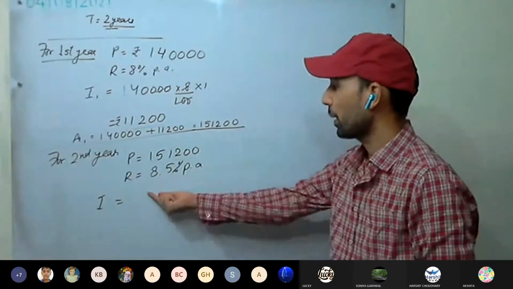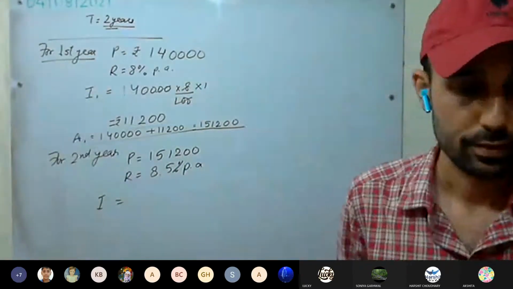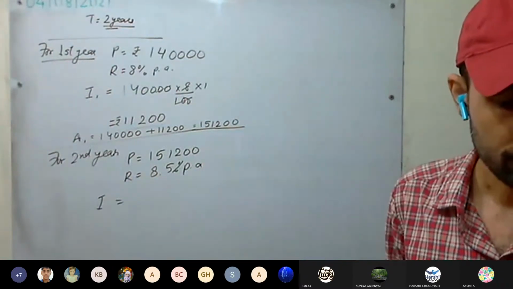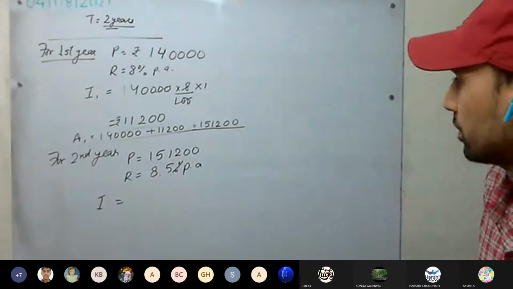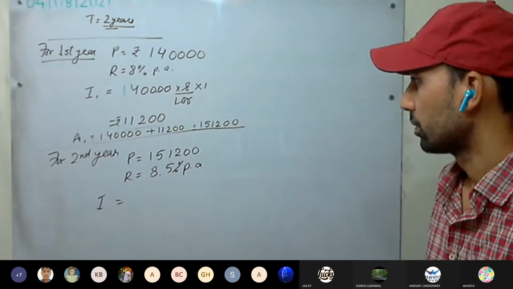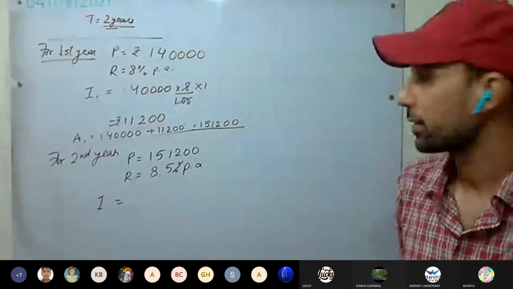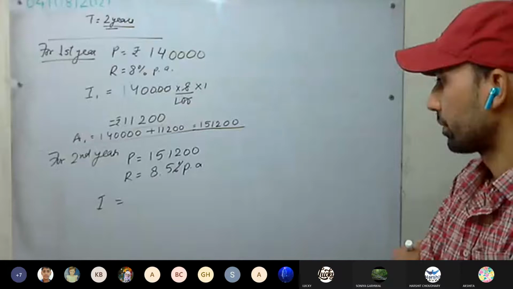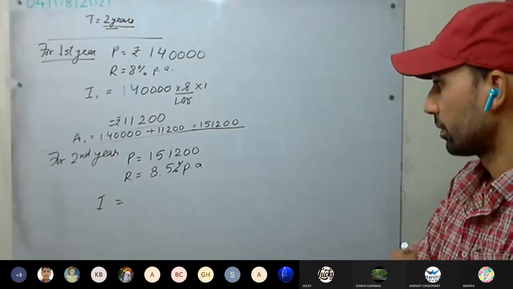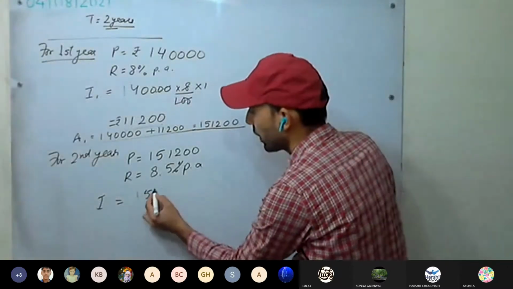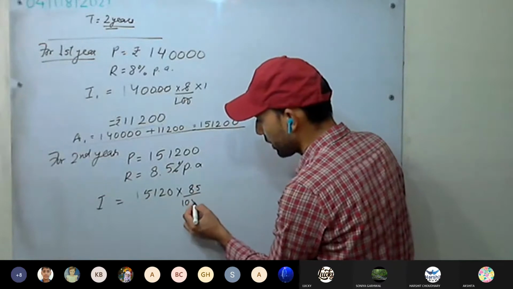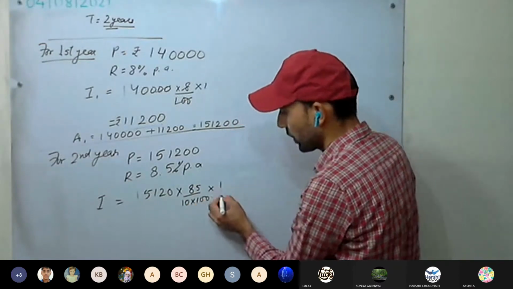So apply the formula PRT upon 100 and calculate. 15120 into 8.5, it means 85 divided by 10 into 100 into 1.